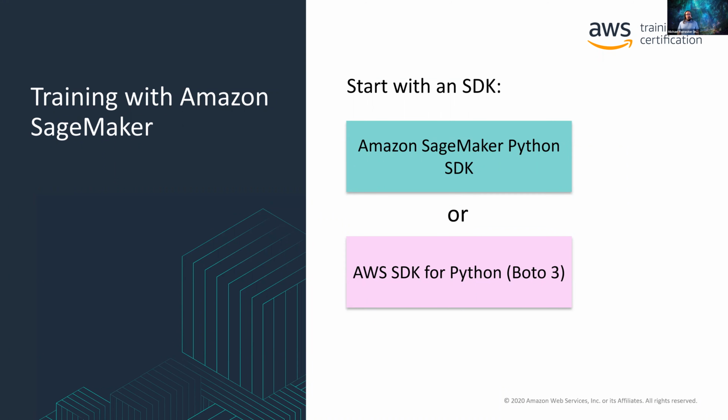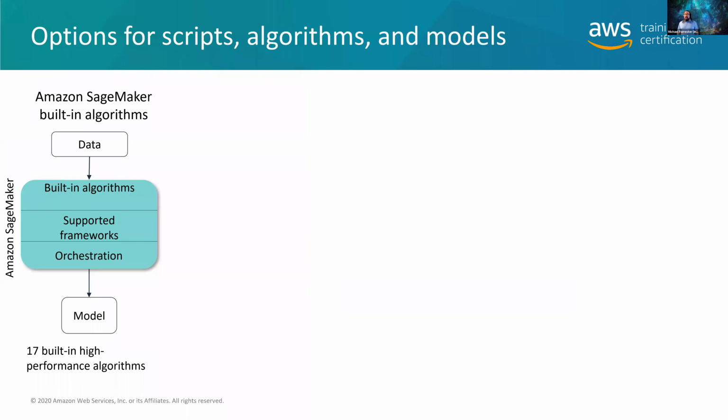So here are your options, and they will ask you questions about how this functions. Be aware that you can deploy these algorithms using the SDK, a Python notebook, the command line interface, or the SageMaker console.